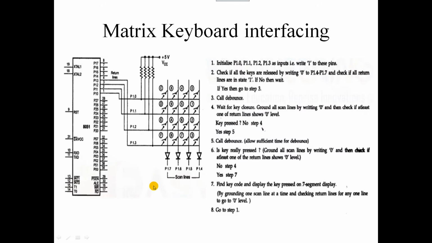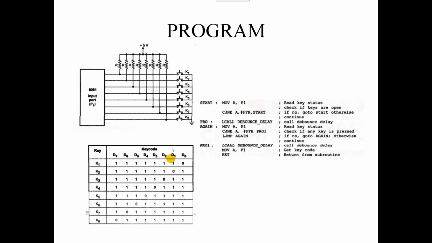So here another example, a matrix keyboard, is being used. Why are we going for a matrix keyboard? In practical usage we will use matrix keyboards only, because while we are programming for the keys, if the keys are used as we have seen here, then many port pins are required.